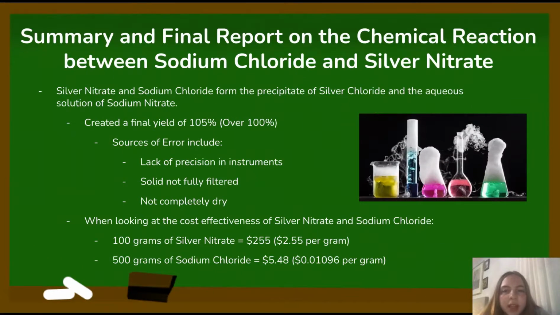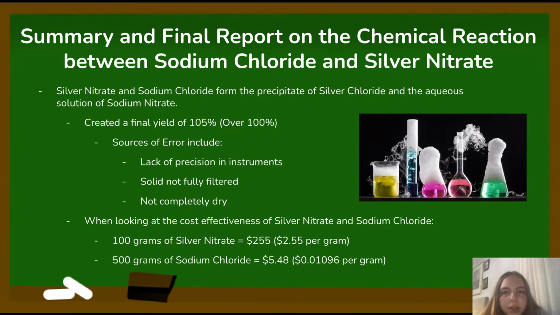This lab shows that silver nitrate and sodium chloride form the precipitate of silver chloride in the aqueous solution of sodium nitrate. As seen in my calculations, I have received a 105% yield of silver chloride, which is over a 100% yield of silver chloride, which shows that my results gave me a heavier solid than my theoretical weight.